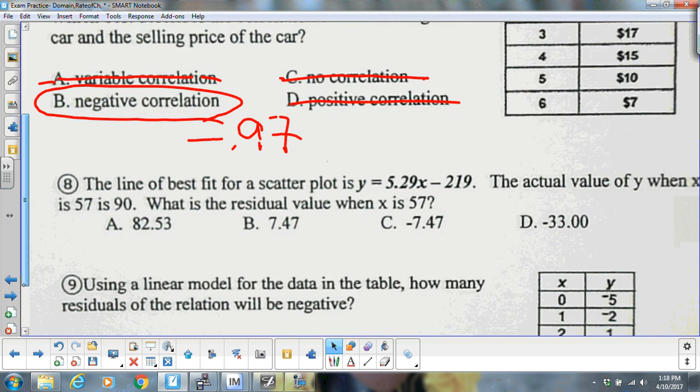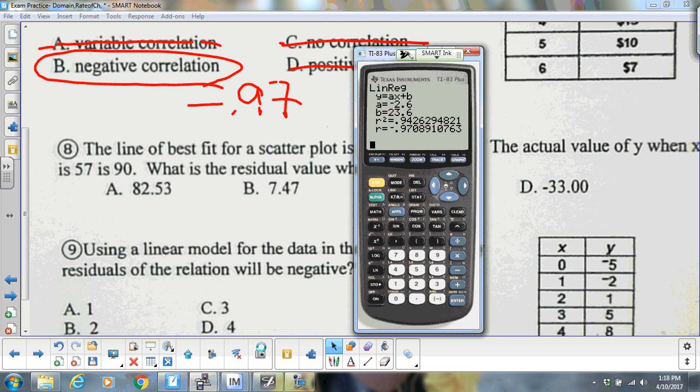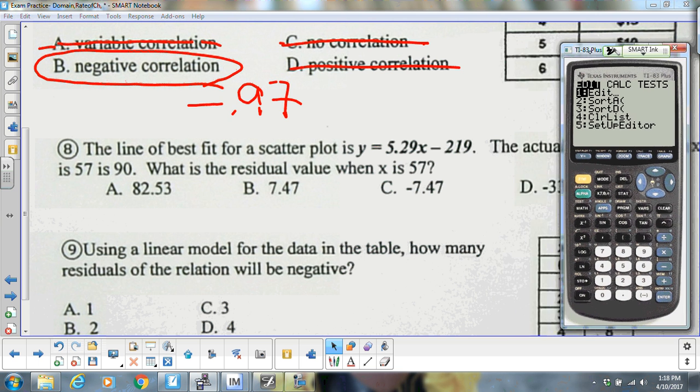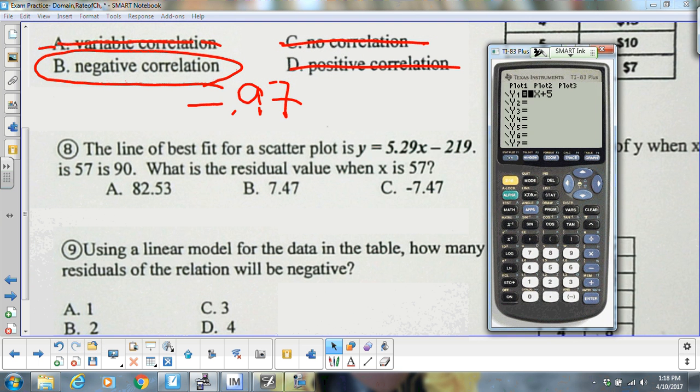All right, problem number 8 talks about our residual. Again, you need to go into stat and put your information in. Actually, it doesn't. We go into y equals and just type our equation in: 5.29x minus 219. Our actual is going to be 90. It's going to be actual minus predicted.